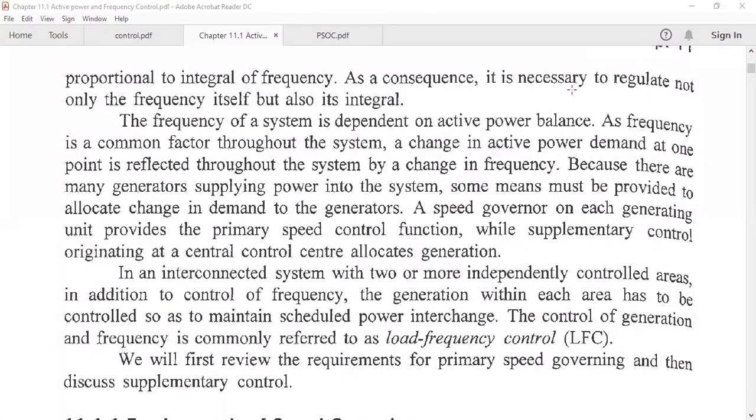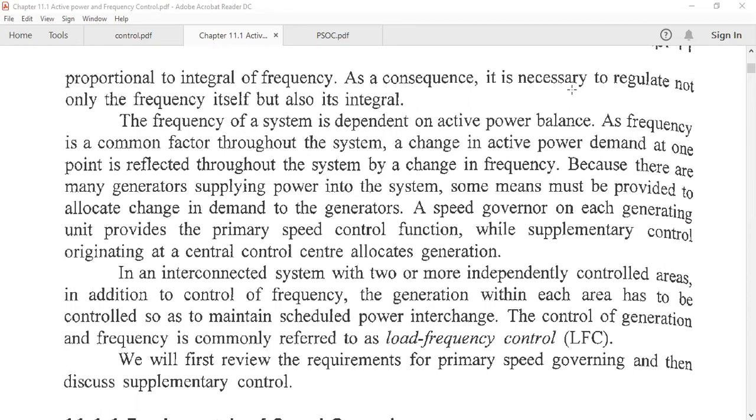Before we conclude, let us see the relationship between active power balance as well as the frequency. As already discussed in the prerequisite videos and in this video also, there is a strong relationship between the active power, that is the load, and the frequency. As frequency is a common factor throughout the system, a change in the active power demand at one point is reflected throughout the system by a change in the frequency.